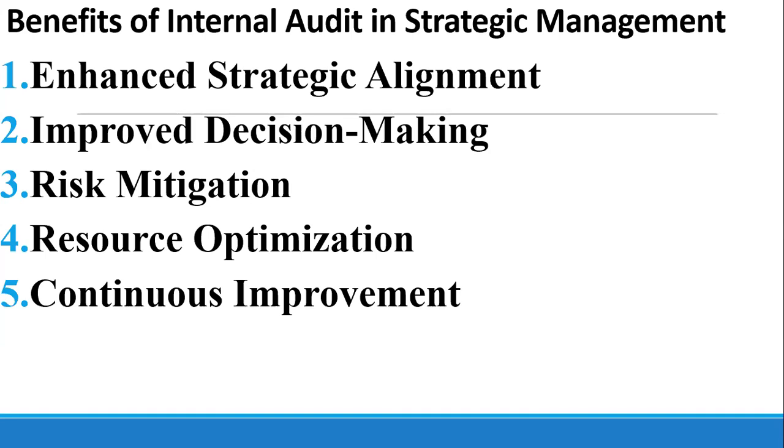The fourth one also borders on the degree to which resources can be optimized. So what does resource optimization mean? The internal assessment, having identified the strengths, weaknesses, and also identified areas where the organization has to prioritize, when it gets to the allocation of resources to the prioritized areas of the organization, they will be in a position to do it appropriately.